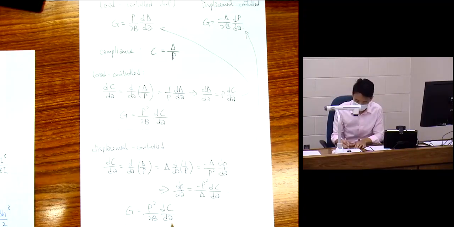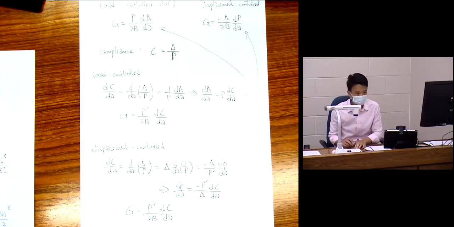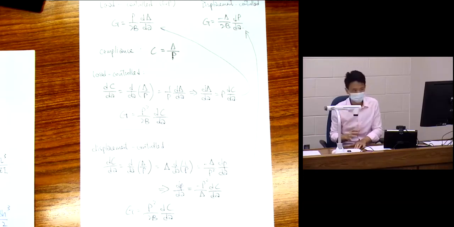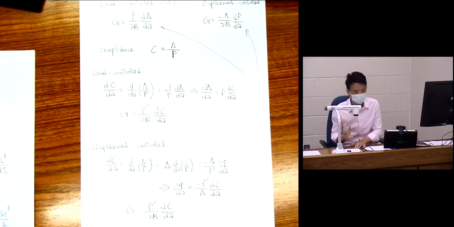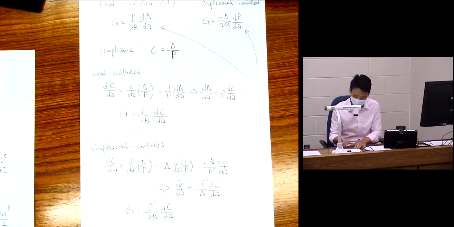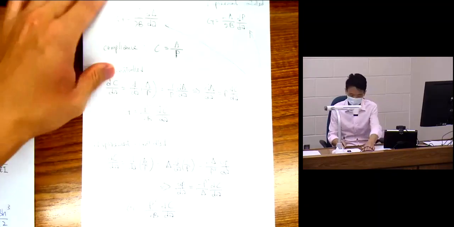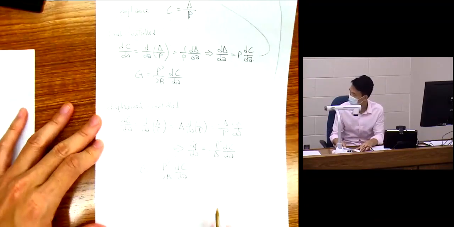And if you compare this one and what we just derived for load control, it's exactly the same. So we can actually describe all situations, both load control and displacement control, by this energy release rate formula.